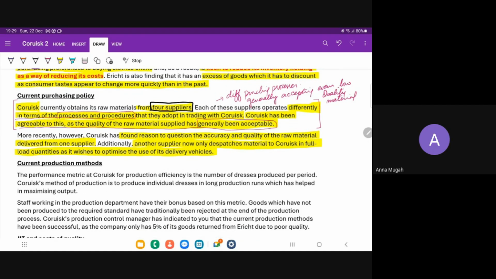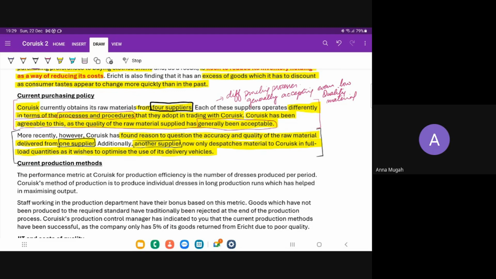One supplier is not delivering up to the mark material. Another supplier is not ready to deliver low quantities.